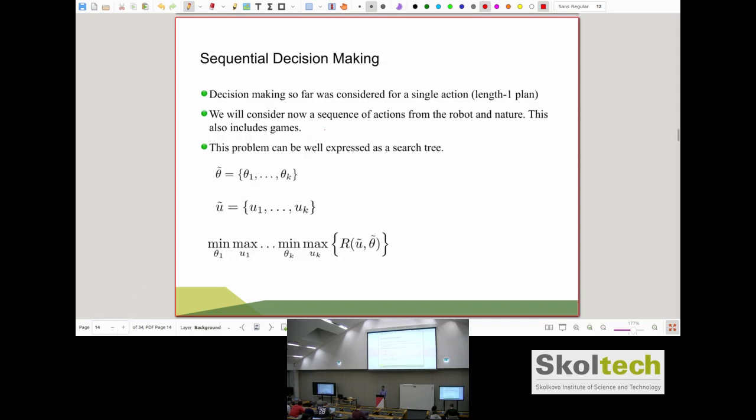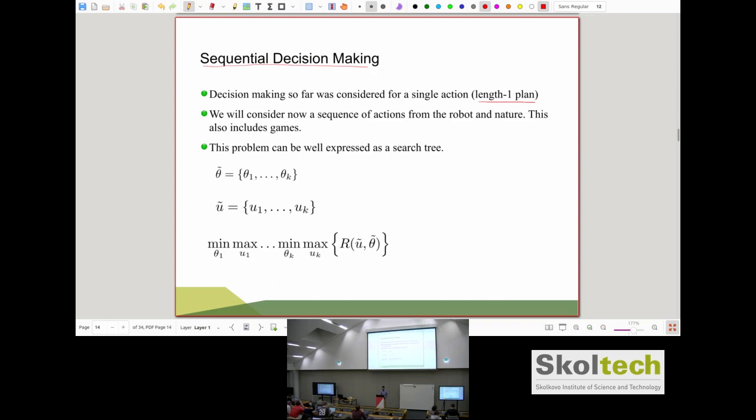Now that we have discussed a little bit this distinction between simultaneous and nature knows, or the other player knows, I think we can define sequential decision making. So far, as I said, we were only talking about length one plans. It means you take an action and that's it. You either take it simultaneously or you take it in turns, one after the other.